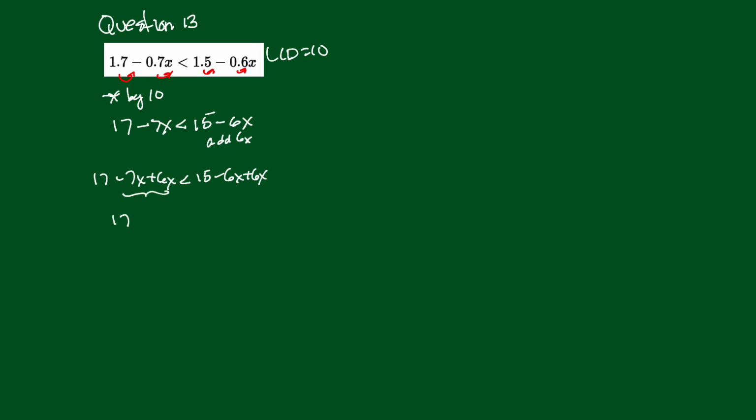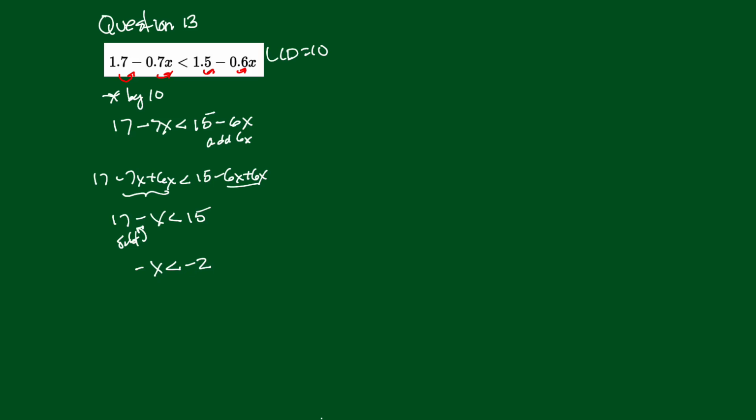Now, negative 7 plus 6 is negative 1, so I get negative x, strictly less than 15. Those go out. And now let's subtract that 17. So I'll get negative x less than, now 15 minus 17 is negative 2.